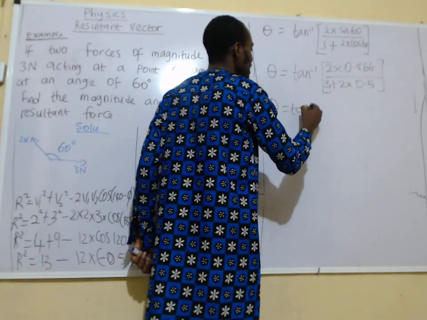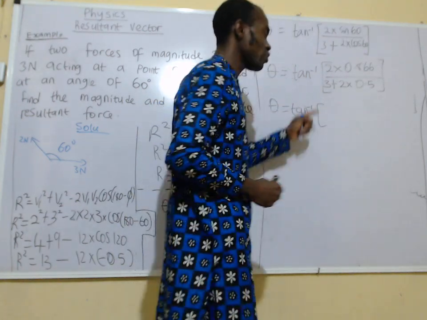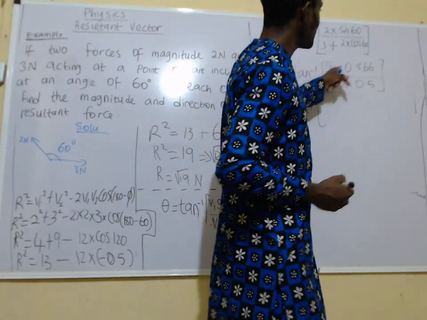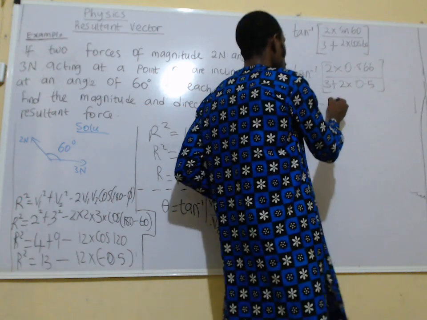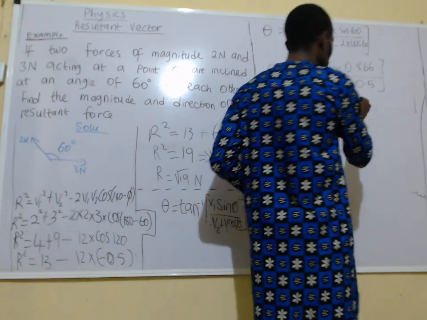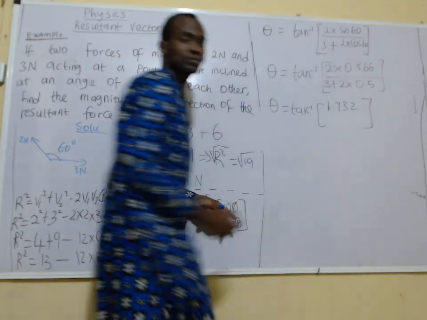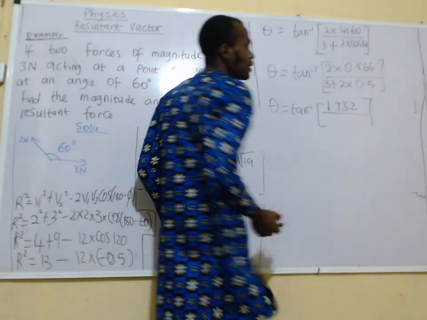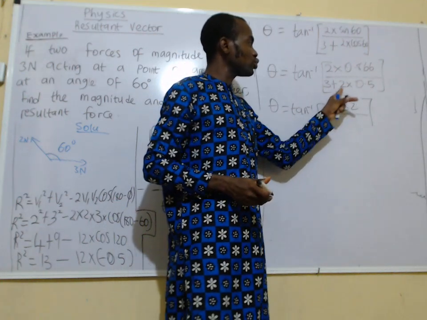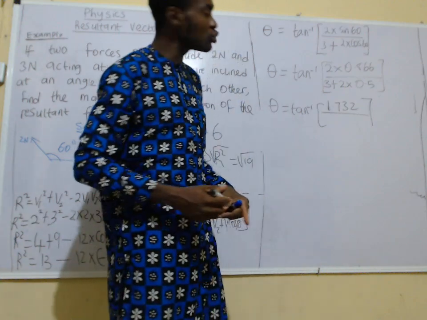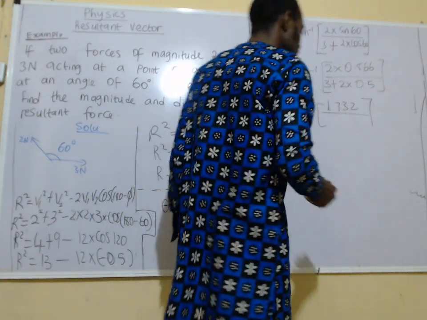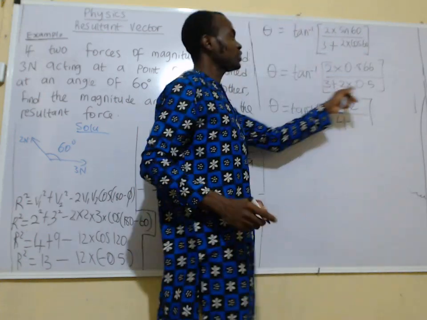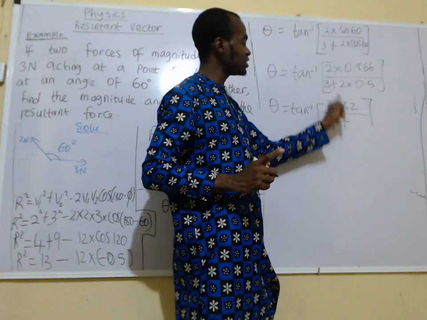Theta is equal to arctan, 2 times 0.866 will give us 1.732. That is for the numerator. Then for the denominator, 2 times 0.5, which is half of 2, is 1. 1 plus 3 will give us 4.